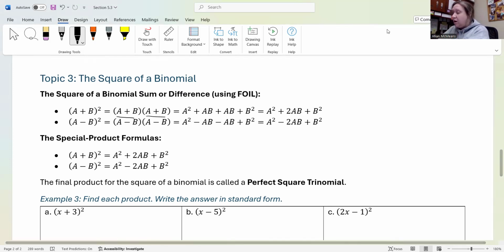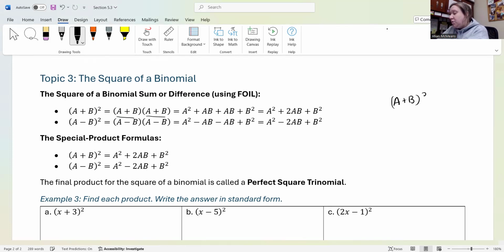What I do want to point out off to the side is that a plus b quantity squared is not equal to a squared plus b squared. It does not work this way. You can bring the exponent inside when you're dealing with a product, but not a sum. Instead, your entire base is a plus b, so you have to take a plus b and multiply it by itself.